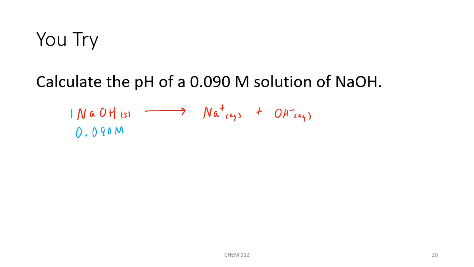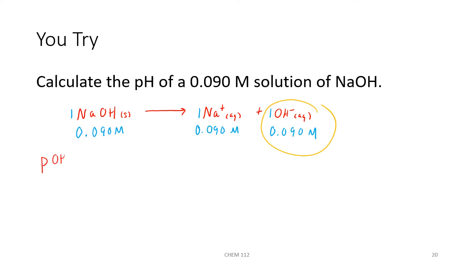In our equation, everything is 1 to 1 to 1. So our concentration of sodium ions is going to be also 0.09 molar, and our concentration of hydroxide ions will also be 0.09 molar.